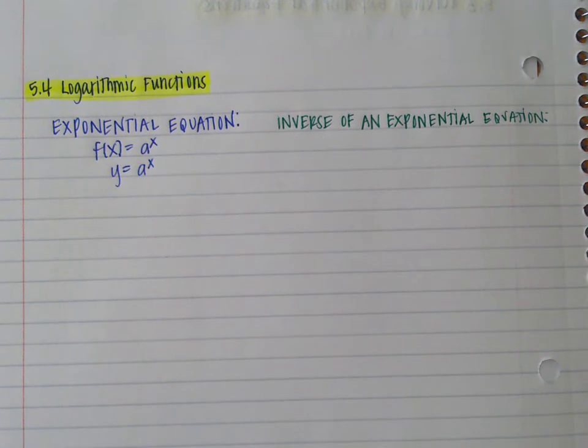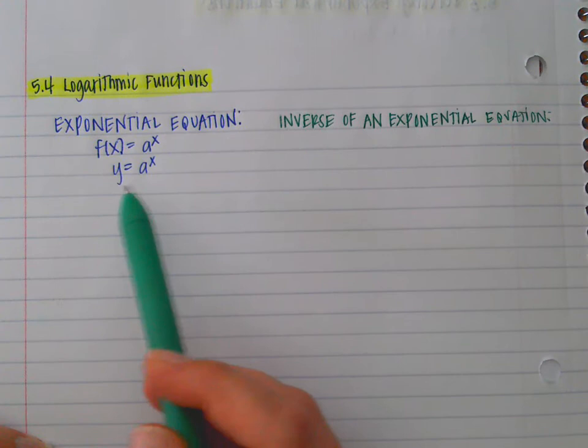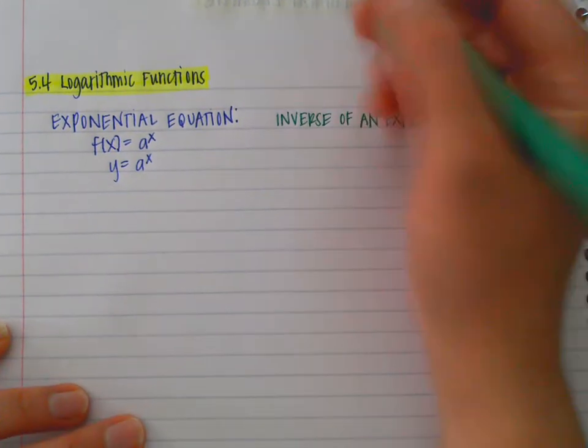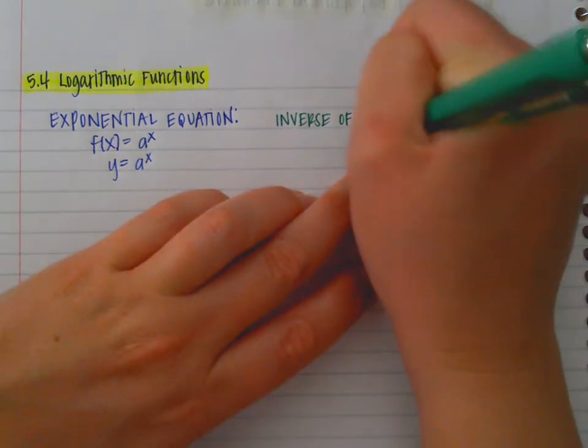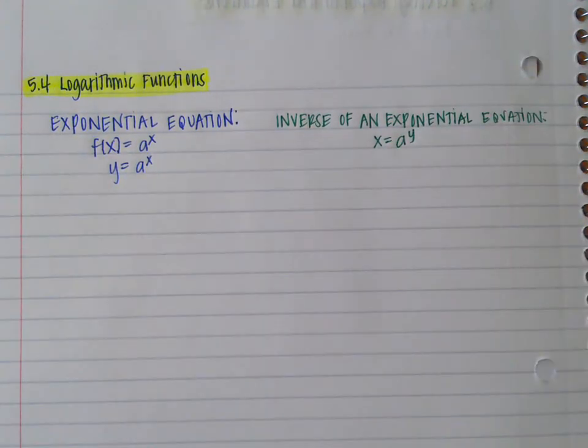Okay. So first thing we do when we're finding the inverse is swap the x and the y values. So we'd write x equals a to the y power. Now, at this point in your math careers, we don't know how to get that y by itself.